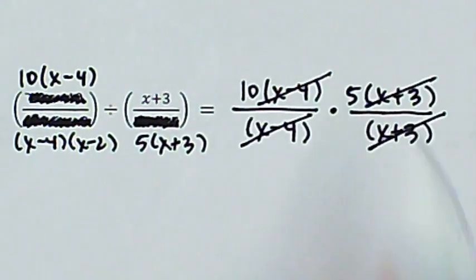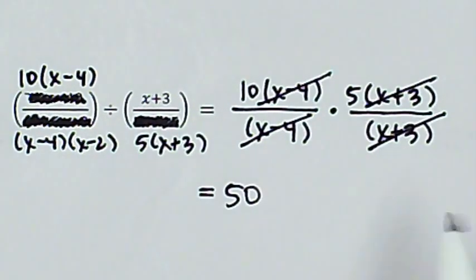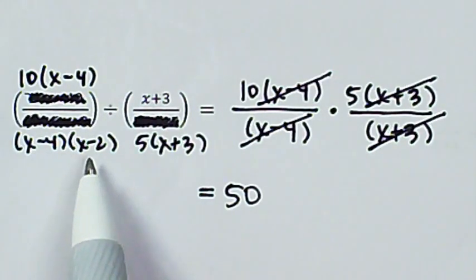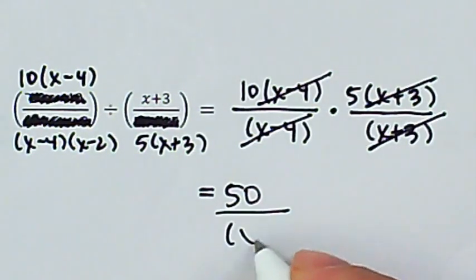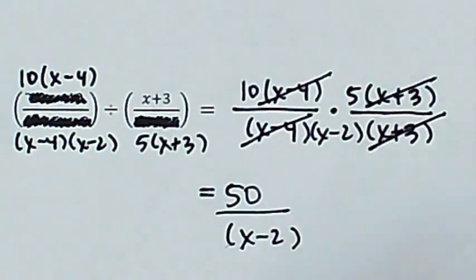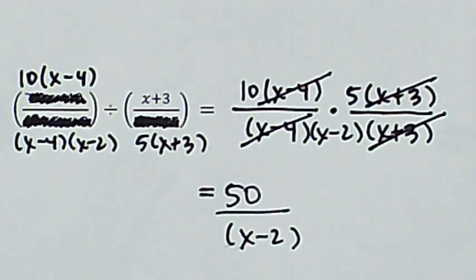And I'm going to be left with 10 times 5, which is equal to 50, just provided that we weren't ever dividing by 0 in the first place. Wait, hold on, I lost something. That's going to be 50 over x minus 2, pardon me. I lost that x minus 2 there. And so I just don't have any choice but to put it there. And I'll have 50 over x minus 2. Yeah, that seems more like what I got in class.